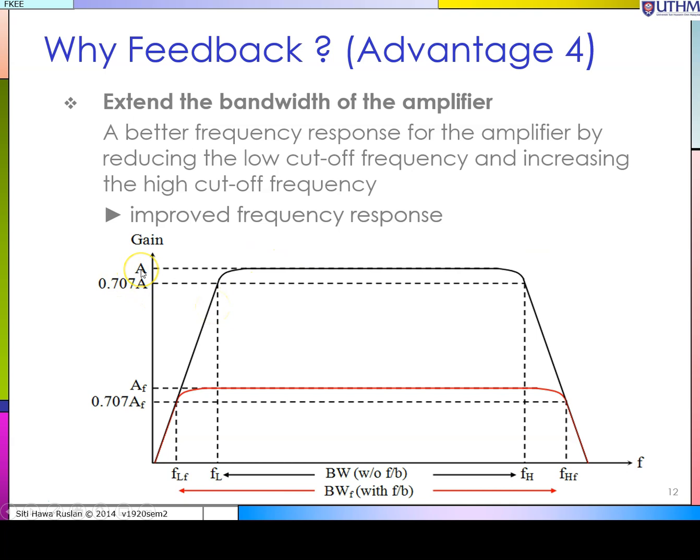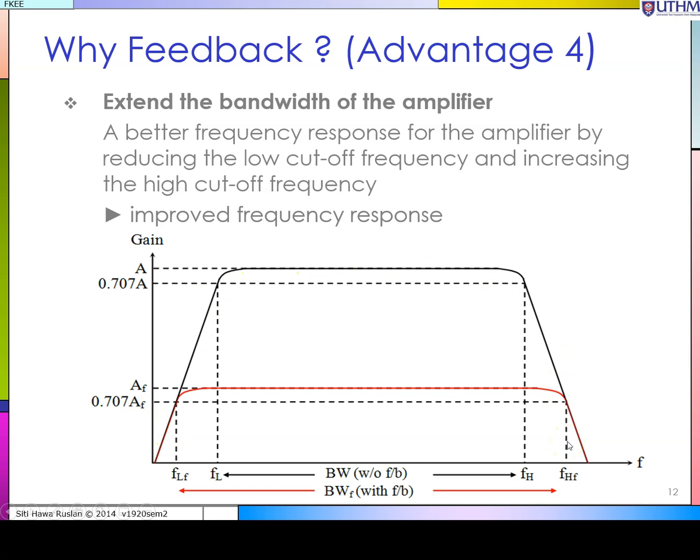You have the maximum gain or mid gain A. At the cutoff, it will be reduced by 30%. This is your low cutoff frequency. Similarly, at the high frequency, this is the high cutoff frequency. So this is without feedback.